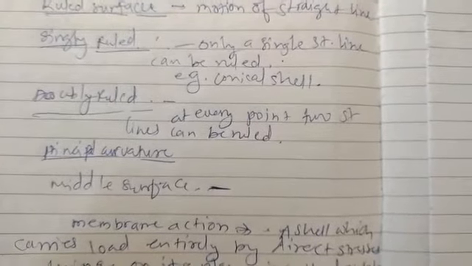Now let's see what is membrane state of stress. A state of stress in which the stresses in the shell are constant over its thickness may be defined as membrane state. I'll repeat the definition again.